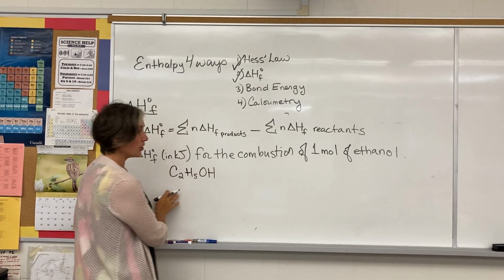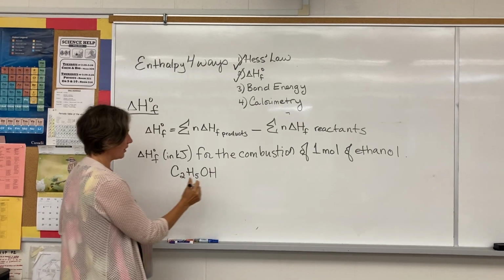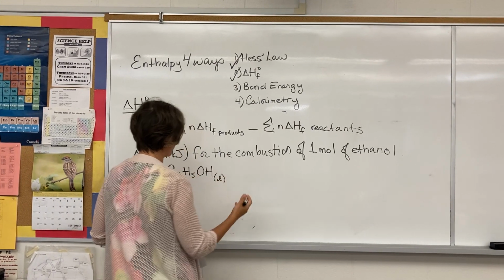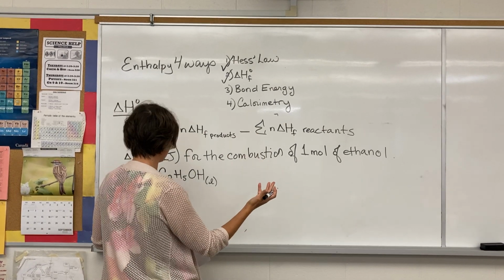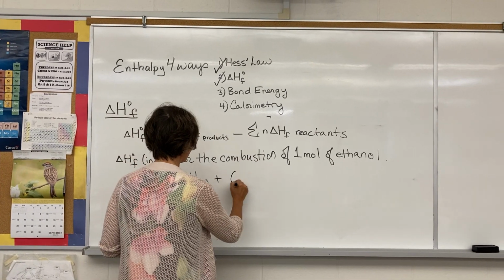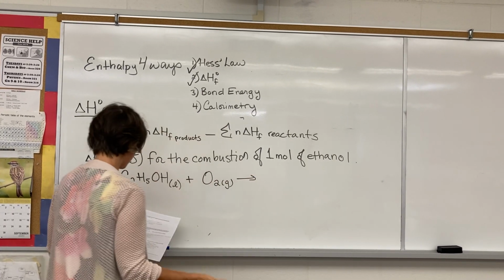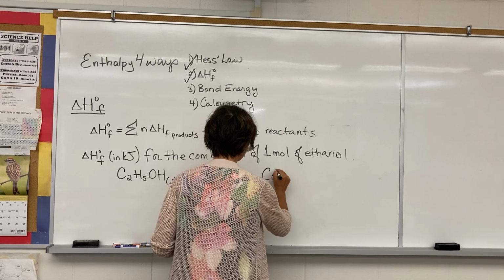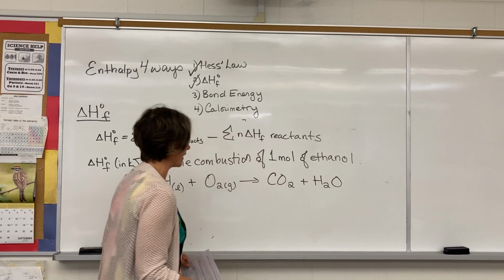Don't worry, you'll learn how to do that in Unit 4 Organic Chemistry. Ethanol is really flammable, it's the alcohol we use in cooking, and it can be lit on fire very easily. Plus oxygen gas yields carbon dioxide and water, which are the products for any combustion reaction.